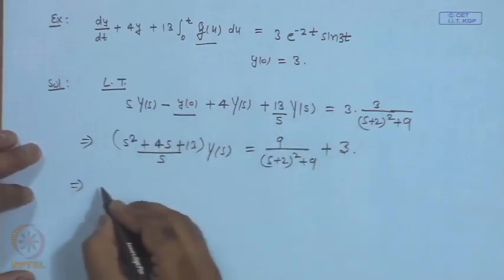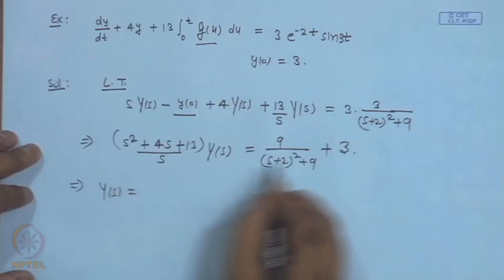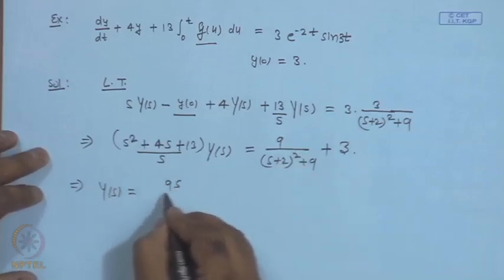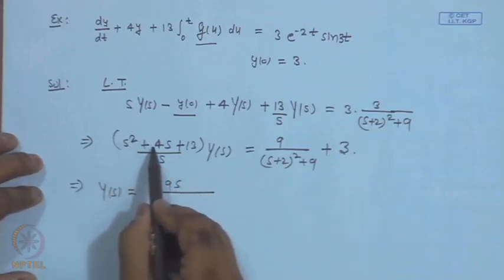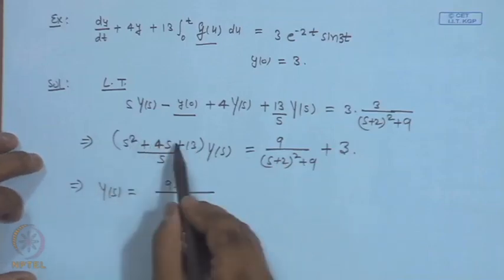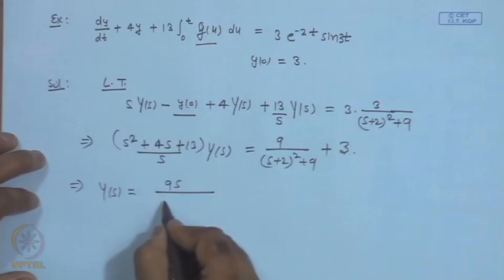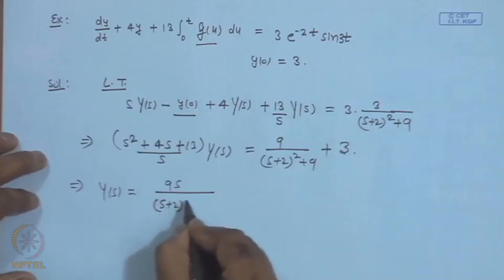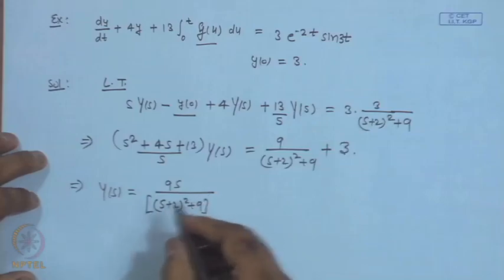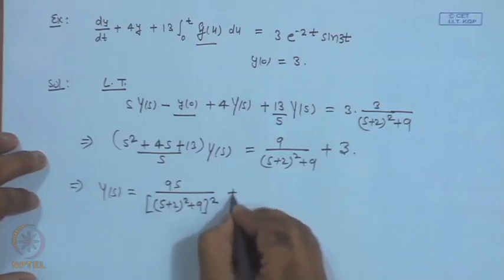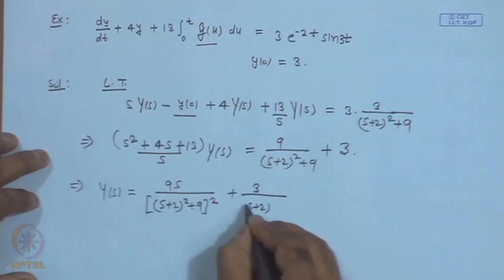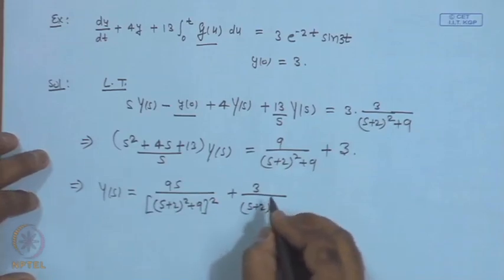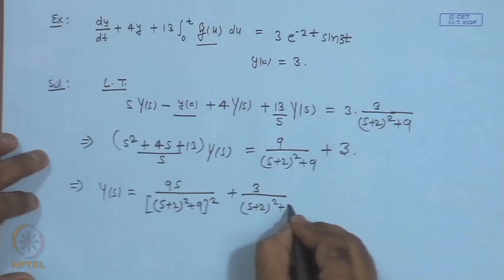We simplify this to get Y(s) equal to 9s over the same term, because s square plus 4s plus 13 is (s plus 2) whole square plus 9. So, it is the same term. We get basically 9s over ((s plus 2) whole square plus 9) whole square, plus 3 over (s plus 2) whole square plus 9.